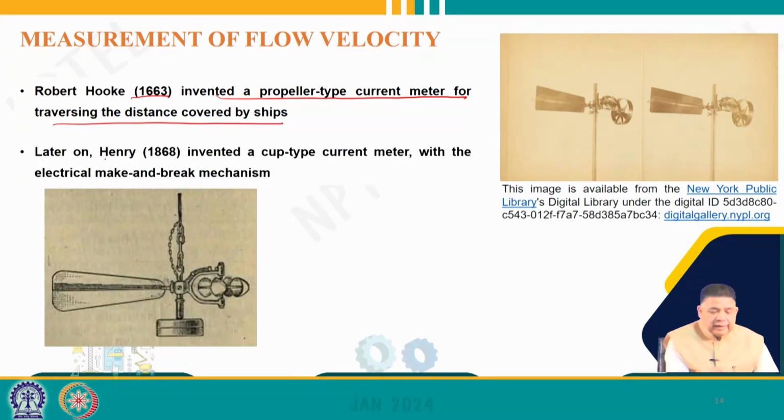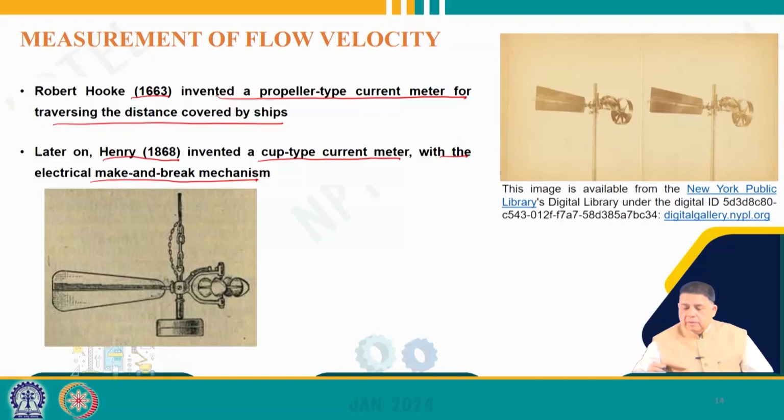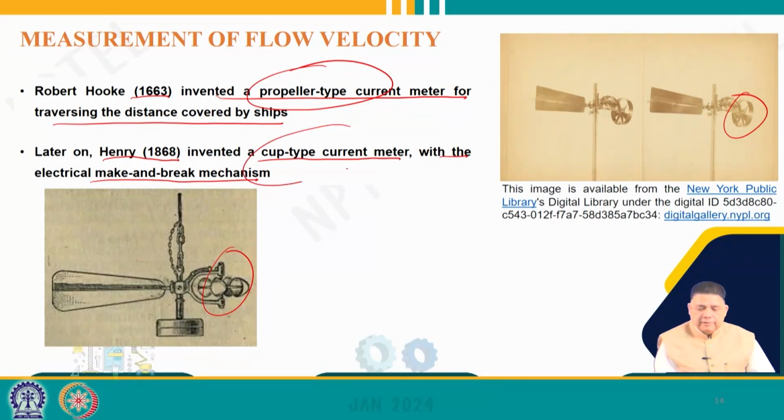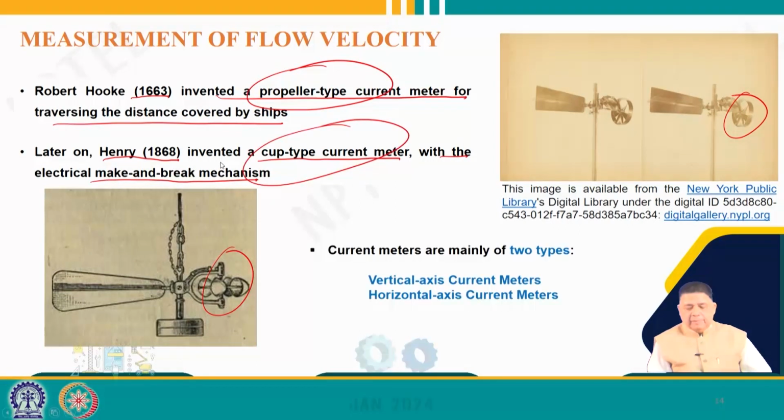And later on, Henry in 1868 invented a cup type current meter with the electrical make and break mechanism. So, the propeller type and the cup type of current meter came into existence long back, almost 450 years in case of the propeller type, and almost 250 years in case of the cup type current meters.